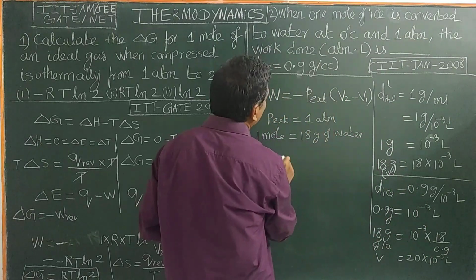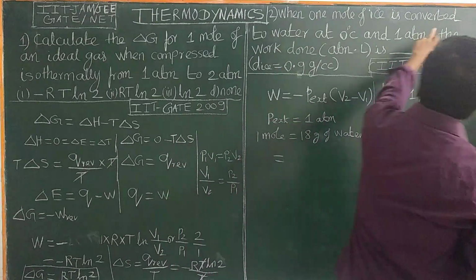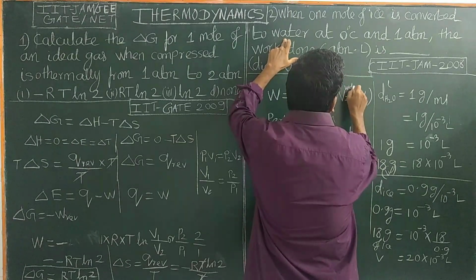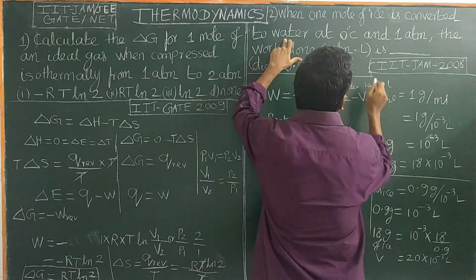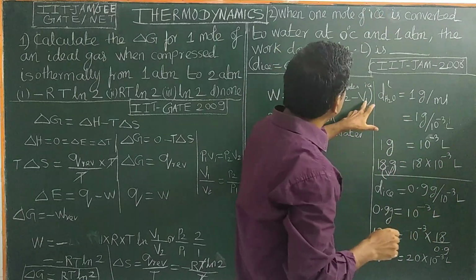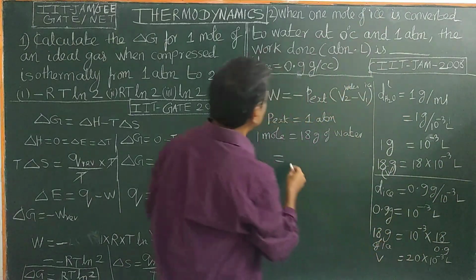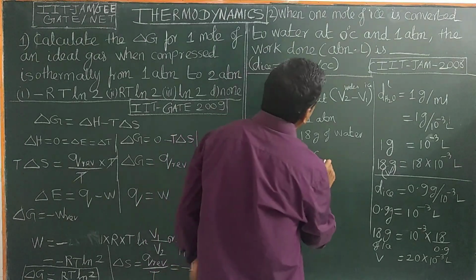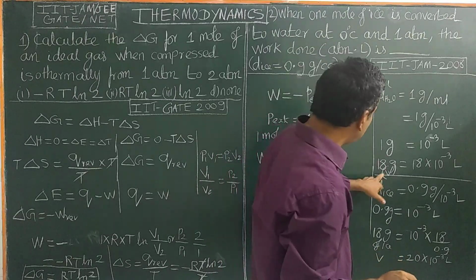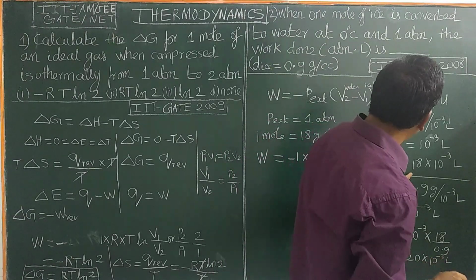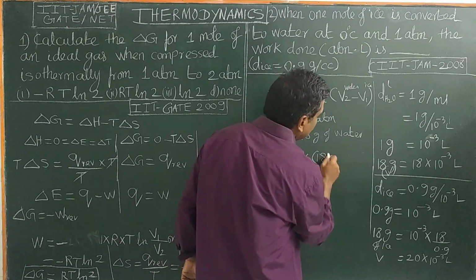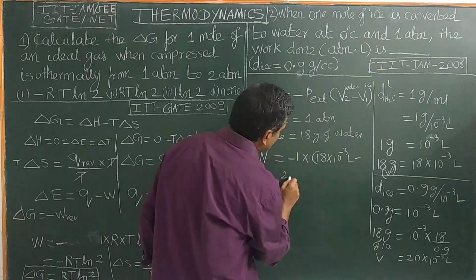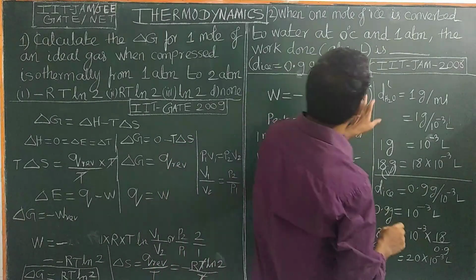You substitute in this formula. V2 is water, liquid water, and V1 is ice. Ice is converted, therefore this is the initial state and this is the final state. Therefore, W is equal to minus 1 into the volume of water, which for 1 mole of water is 18 into 10 power minus 3 liter, minus 20 into 10 power minus 3, the volume of 1 mole of ice.